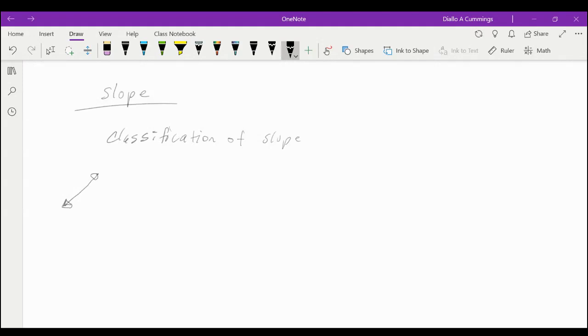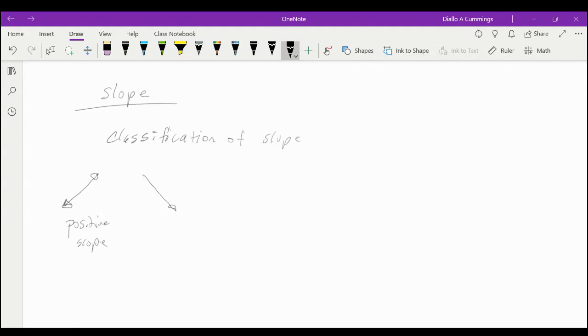If you read this graph from left to right, notice that this graph goes up. This graph would have a positive slope. So if you read it from left to right and it goes up, it has a positive slope.